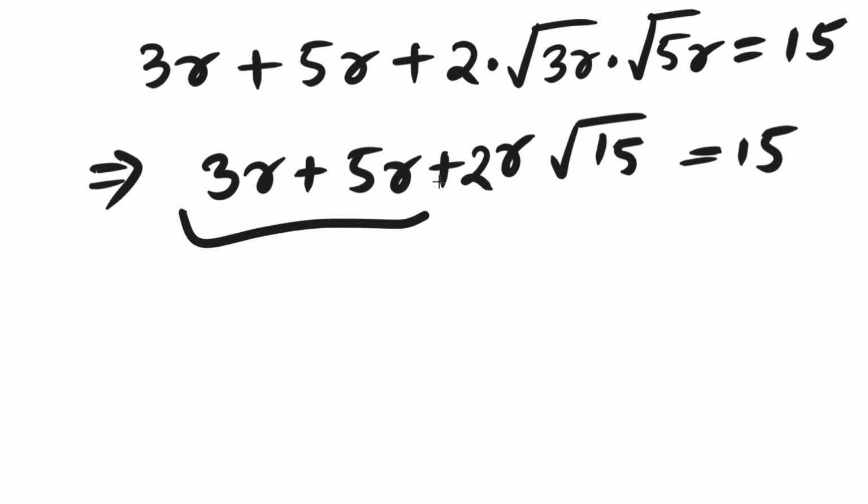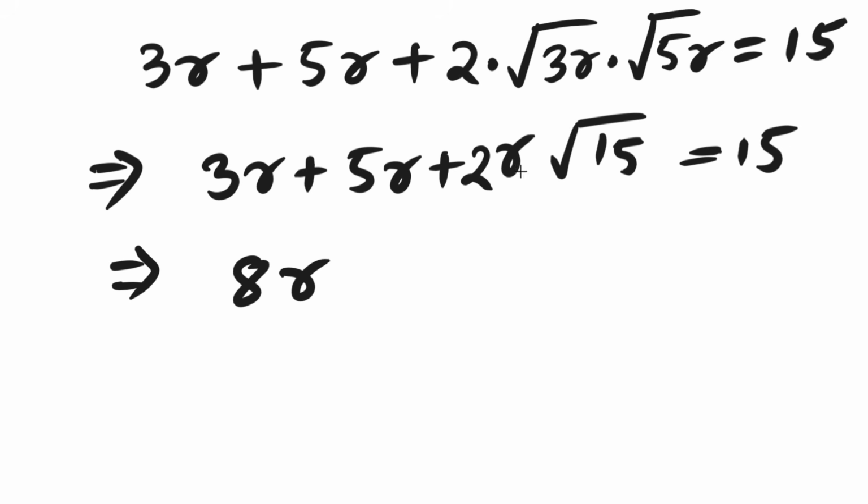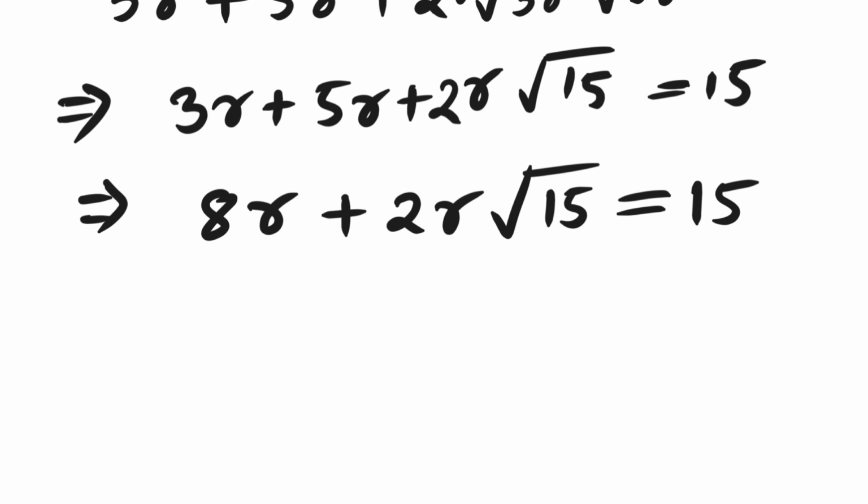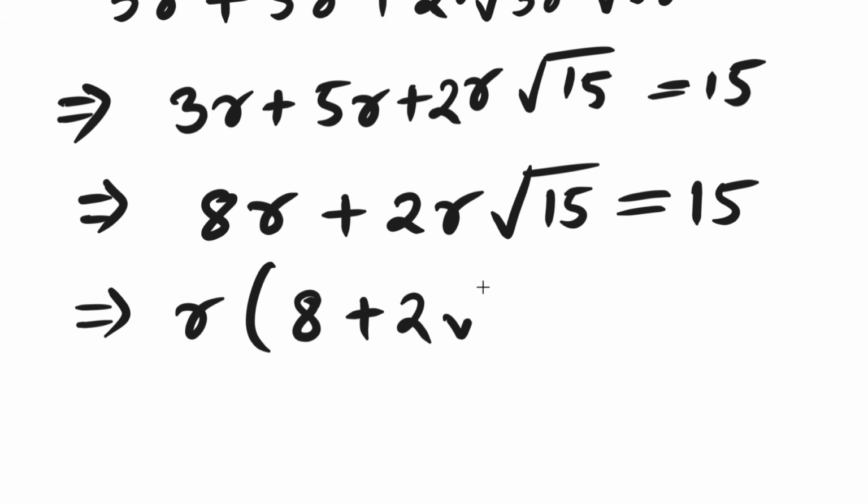Combine the first two terms, because 3r plus 5r is 8r. So we have 8r plus 2r times the square root of 15 equals 15. Now, r is a common factor in both terms, so factor it out. We get r multiplied by the quantity 8 plus 2 times the square root of 15 equals 15.